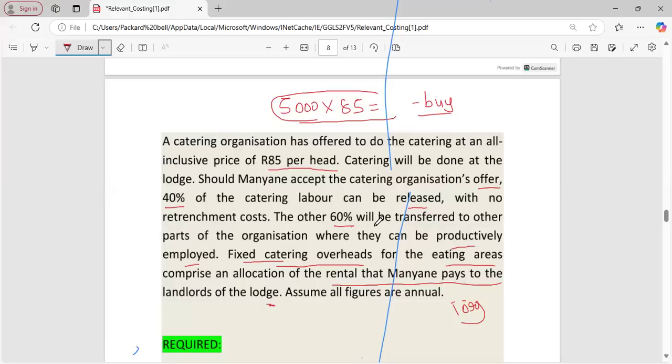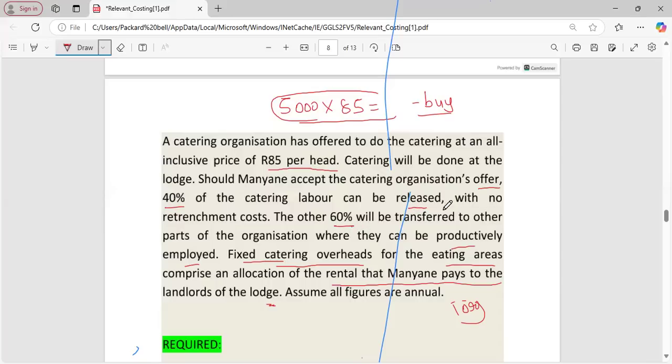Anyone who thinks in another way, who has another suggestion? Is it 60 or 40? I think 40%. Yes, 40% is relevant.